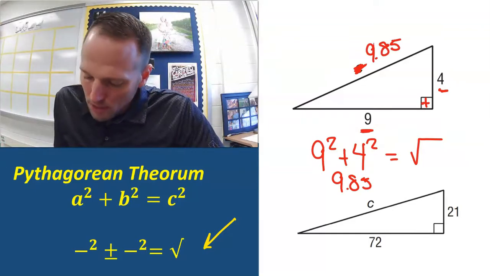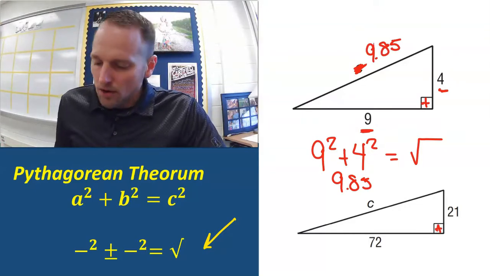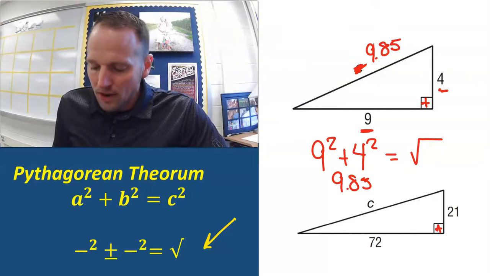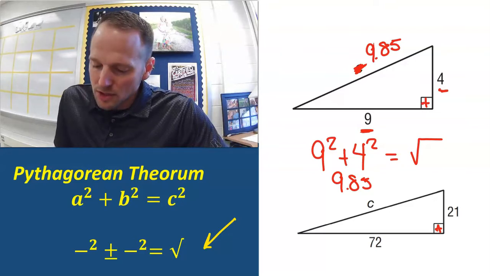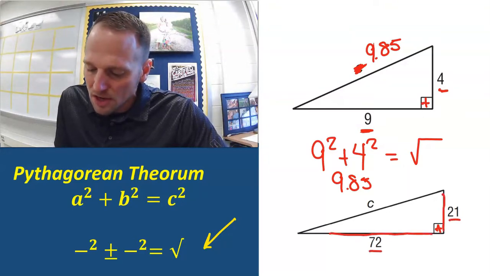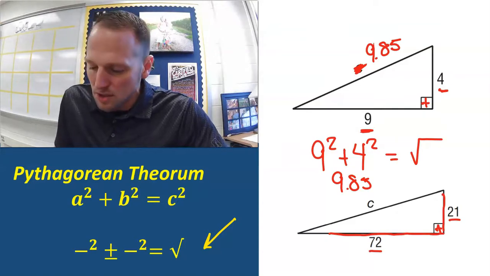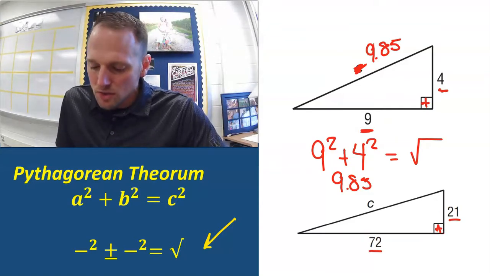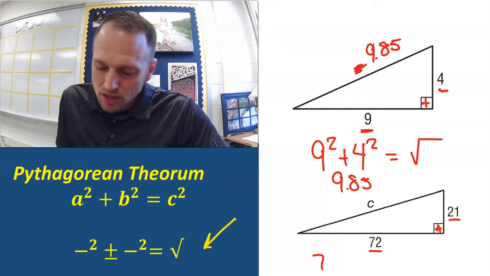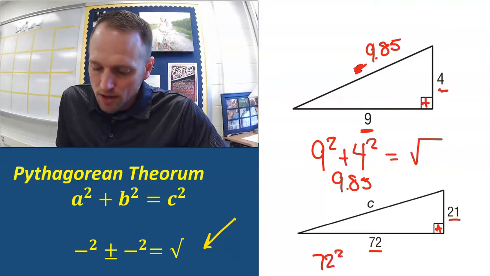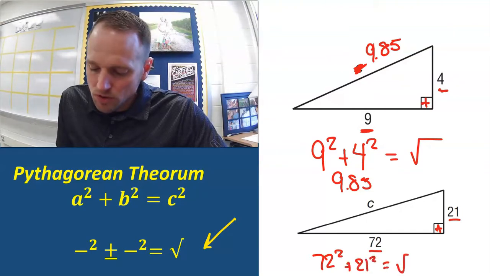Again, I'm going to put a plus right here in my right angle sign. And so this is going to be a plus problem, since both 72 and 21, since both of those sides are touching that plus. So all I have to do is take 72 squared plus 21 squared equals square rooted.